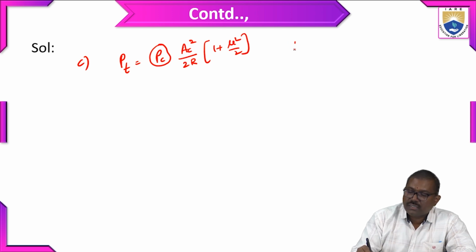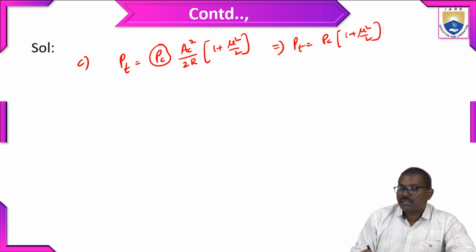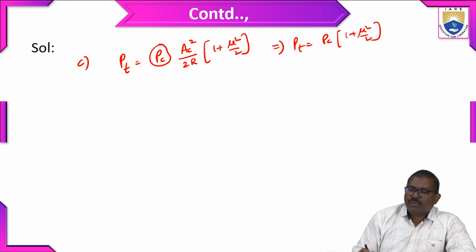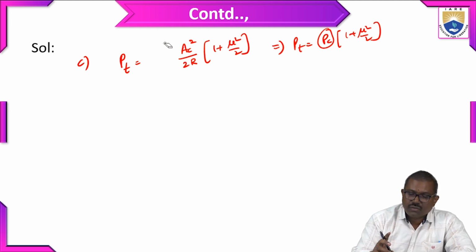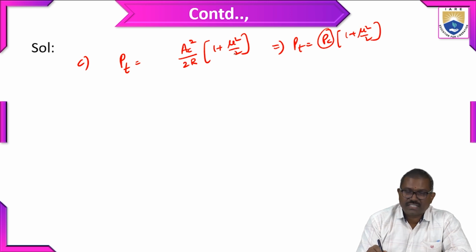What is generally PT is equal to PC into 1 plus mu square by 2. So this is the general expression for AM power calculation. Okay. But in the place of PC, they have given AC square by 2R. Okay. So here they gave the R value. We know that AC value. We know the mu value. So you just substitute the values in this expression.